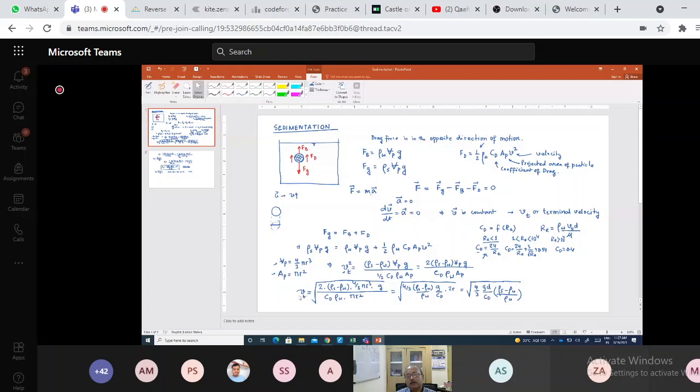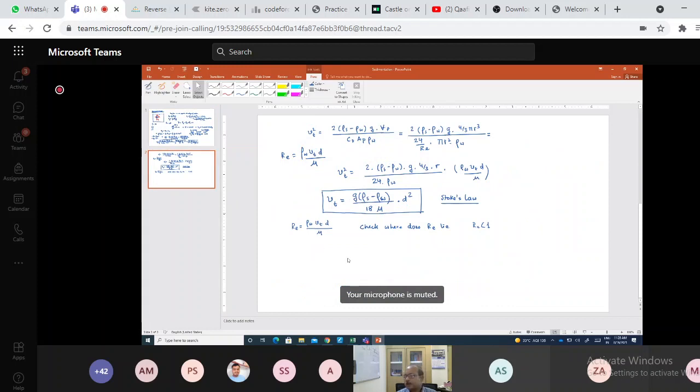Then find out Re again from here, find out Cd, and put this value again in this equation to get the new value of Vt. The values of Vt will converge, and when there is not a significant difference between two successive iterations, then you understand that you have found the correct Vt value.